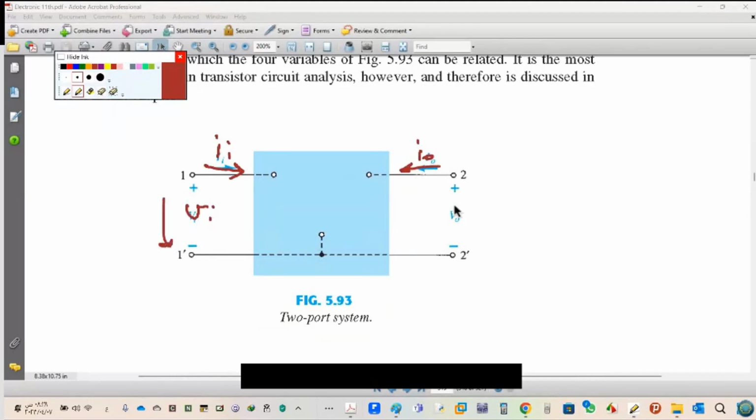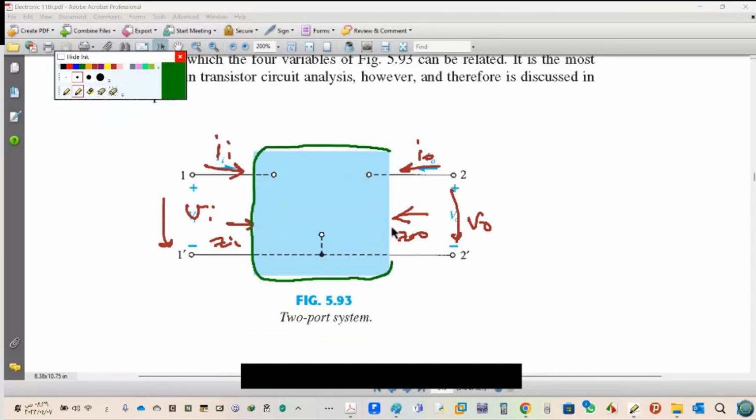Vi, Vo, Zo. This is our system. I want to find the system based on the hybrid model. How can we do this? Okay, let's start directly.